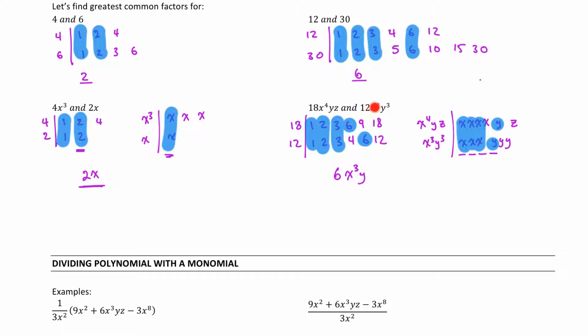X here has an exponent of 3 attached to it. The least exponent is 3, so that's where the 3 goes here. And between y and y cubed, I have exponent 1 for y here. I have exponent 3 for y here. And the least exponent value is just 1, and therefore y is my variable here. So my greatest common factor ends up being 6x cubed y.